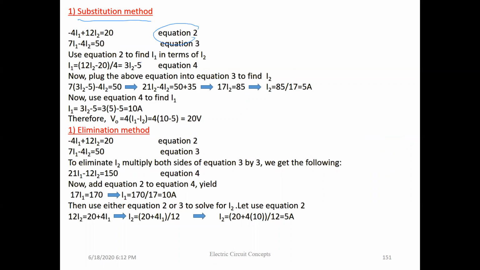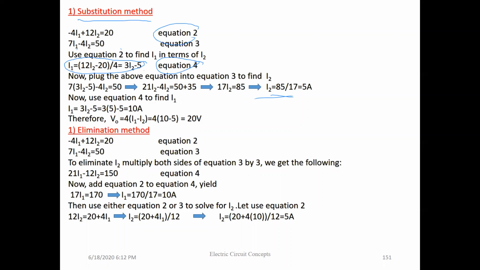So this will be the I1. And then we substitute equation 4 into equation 3, and we will determine I2, because we will get rid of I1 here, 7 multiplied by 3I2 minus I1, so then we have I2 equal to 5.